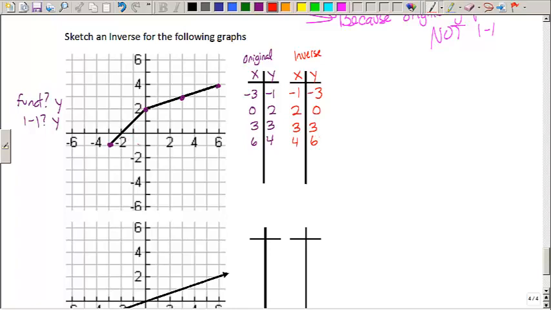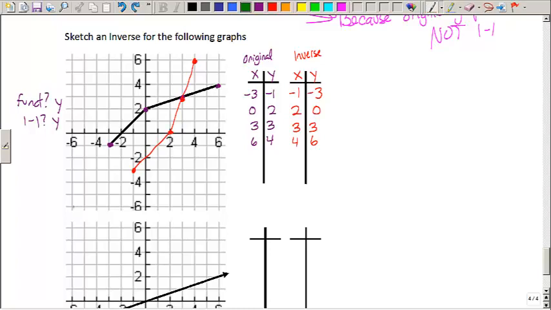When I plot these points, -1, -3, 2, 0, 3, 3 lands right on the other graph, and then 4, 6. And I can connect these points, and I get the inverse graph.